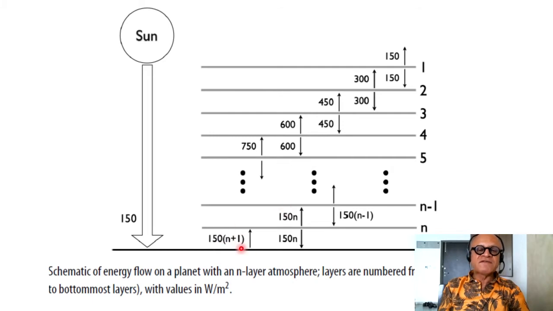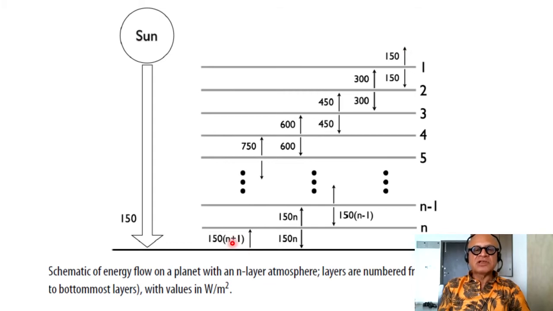So the surface has to emit 150 times n plus 1 amount of energy out, because it's going to receive this plus 150 times n coming down, and then you have 150 times n going out here, 150 times n minus 1, and so on up at the top of 150 times 1, so that you still have equilibrium, but now you have increased the contrast quite a bit.